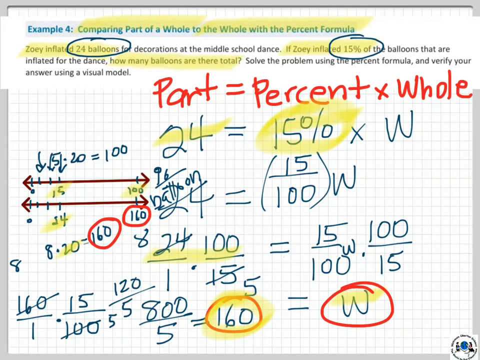Okay, and that is actually going to be 24. Yep, there we go. 120 over 5 equals 24, which actually works out right there. Because that means that 15% of 160 is 24, which is what we saw in our solution.